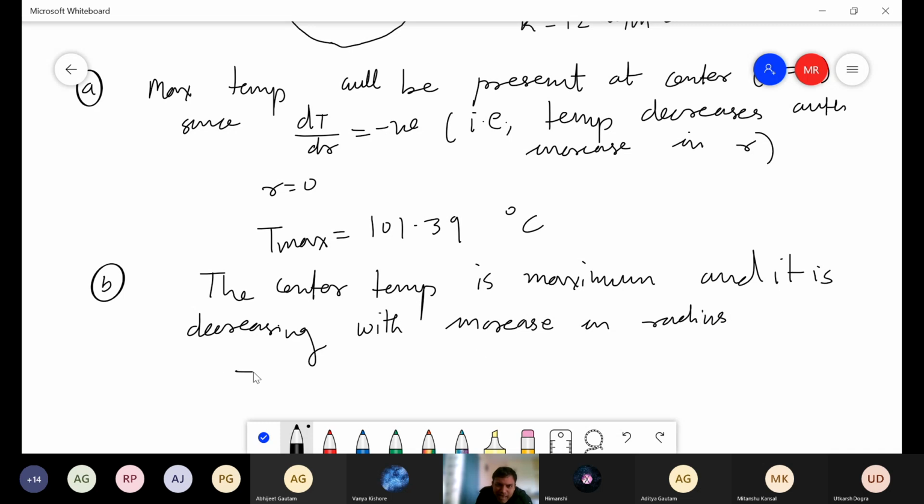So that implies that heat is dissipated from the surface by convection.